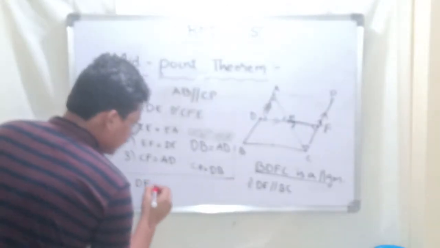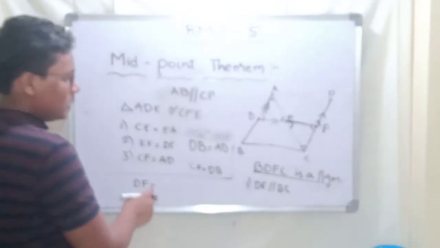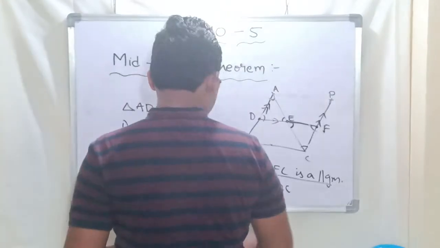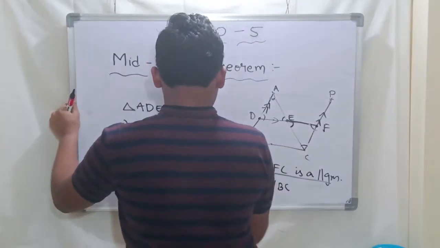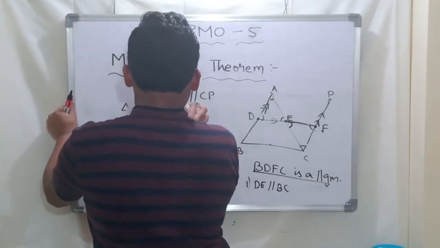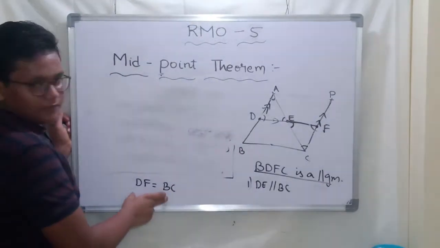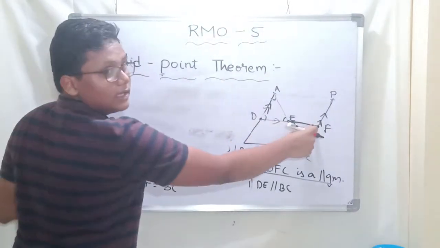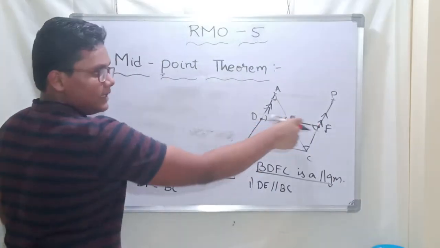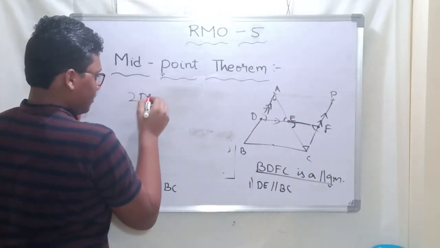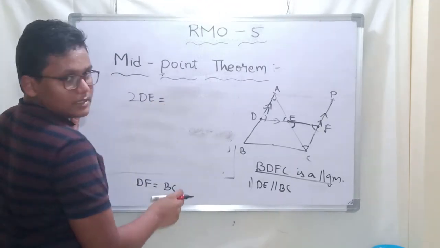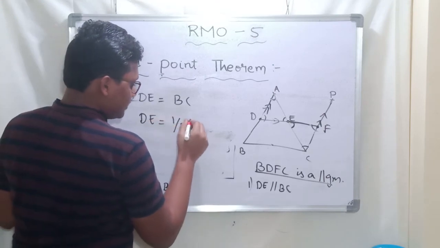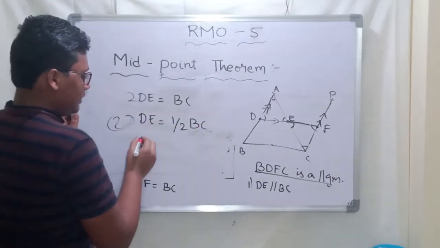For getting the second one, DF is equal to BC. DF means 2DE, because DE is equal to EF, so DE plus DE is 2DE. 2DE is equal to BC. So DE is equal to half BC. This is the second one, and hence proved.